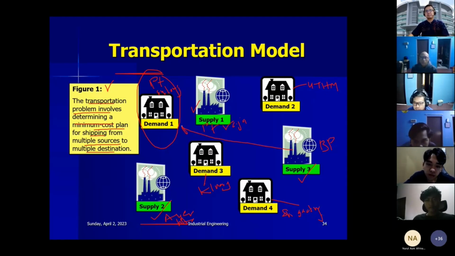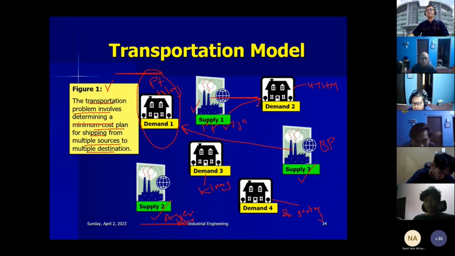Okay, that's it. And demand 2, UTSM. Which supplier, or manufacturer, can supply UTSM, demand number 2? Parit Raja, Air Hitam or Batu Pahat? Parit Raja, which can cut down the cost of transportation first.